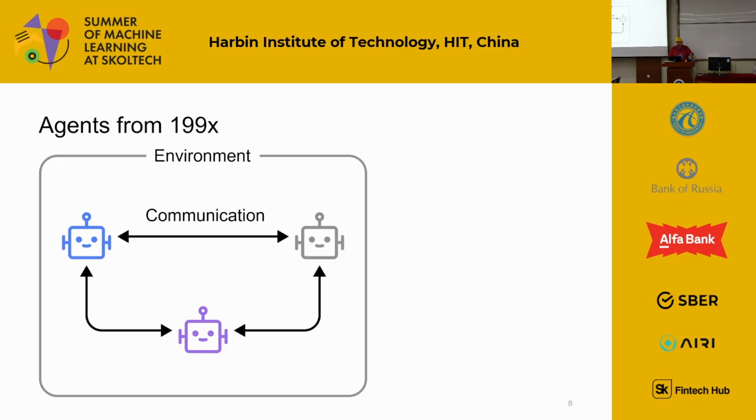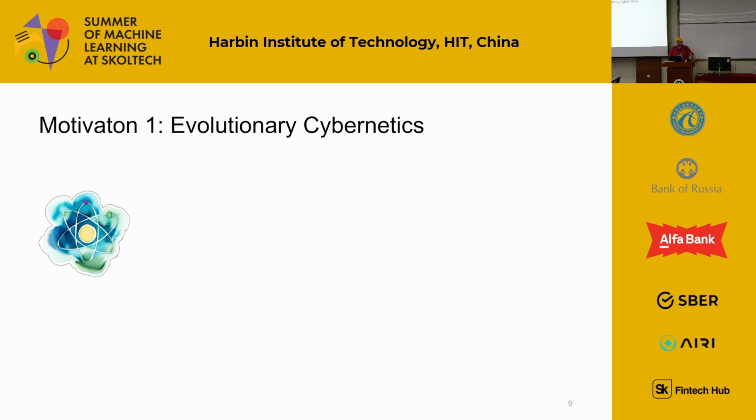So multi-agent systems had several motivations for why they appeared. The first motivation is that if we can create systems which are intelligent but not very intelligent, and we put different systems together, we can maybe achieve a higher level of intelligence.